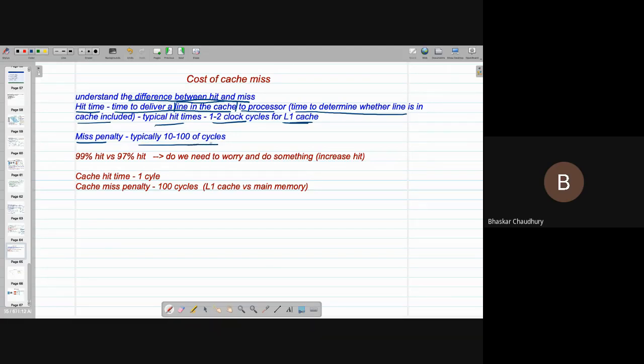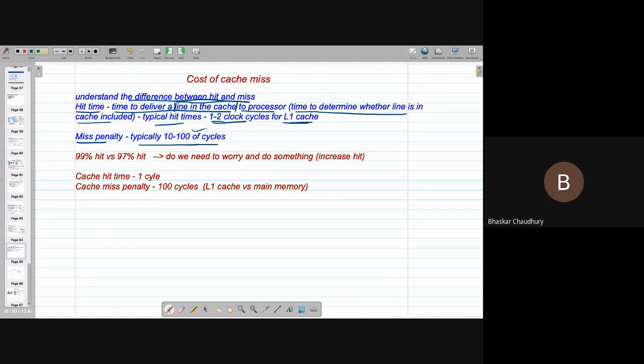If you're going to RAM, then you have to spend almost hundreds of cycles just to get that data. So you can see the difference. If you have a cache hit, you spend just 1 to 2 clock cycles to get the data. If you have a cache miss, you're spending almost 100 cycles, I mean 100 times more time to get that data from the memory to the processor. Now let's look into these two scenarios.